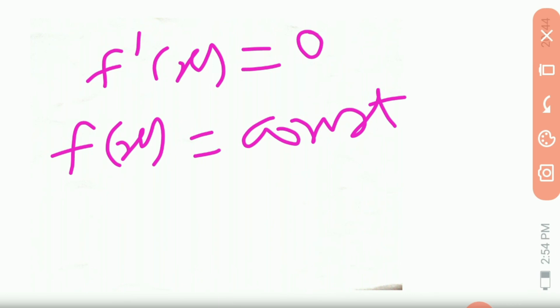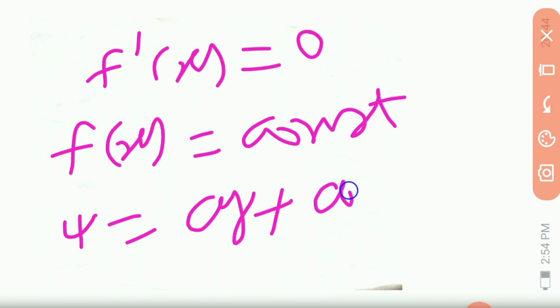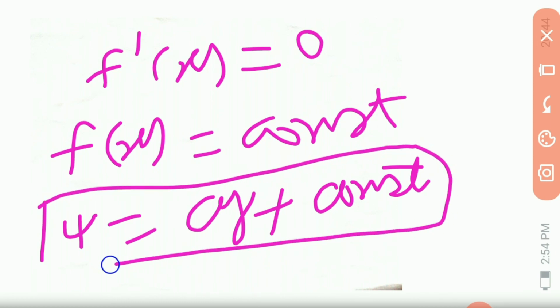Substituting these values in equation first, we get the stream function psi as psi is equal to c y plus f of x is constant, so plus constant, which represents the parallel flow in which streamlines are parallel to x-axis.